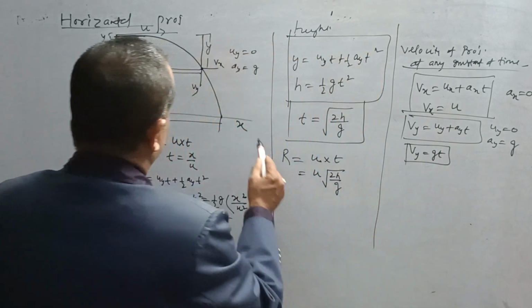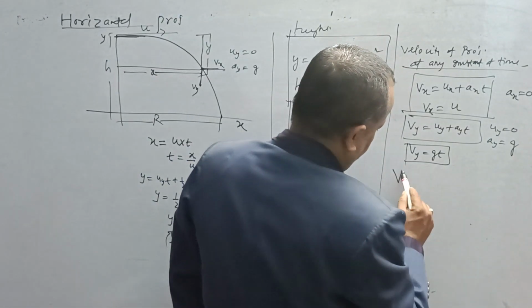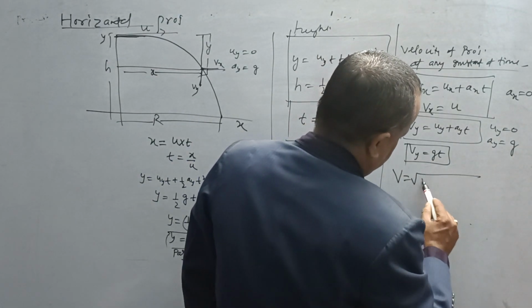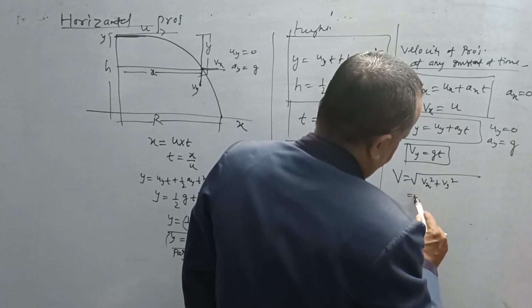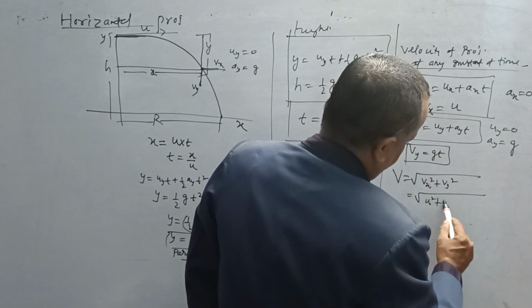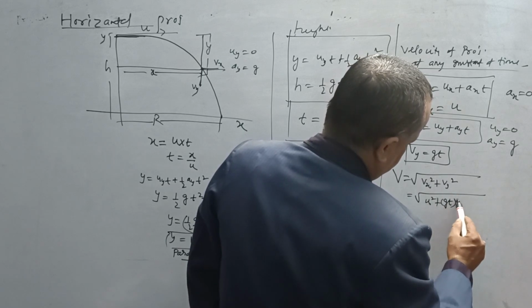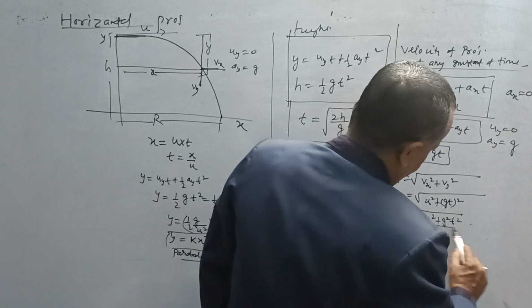We know that these are perpendicular to each other. The resultant velocity will be root of v_x square plus v_y square, which is u square plus g square t square under the root.